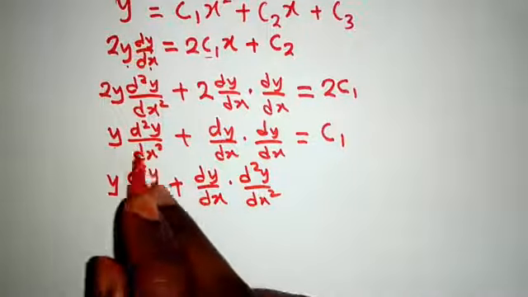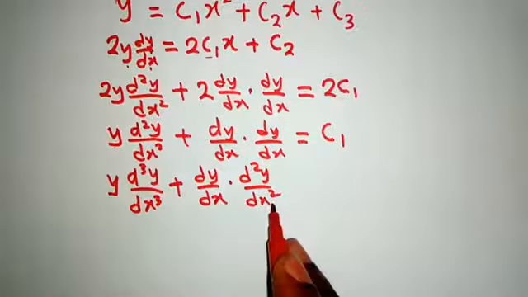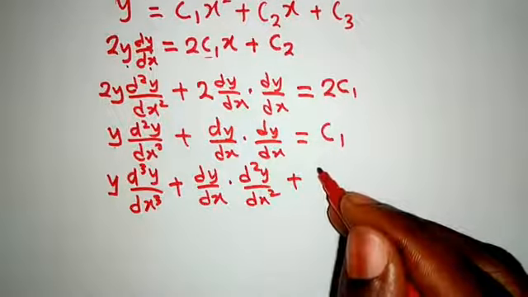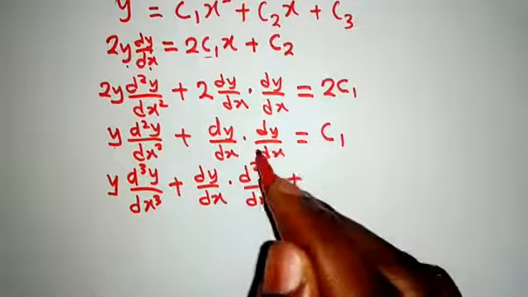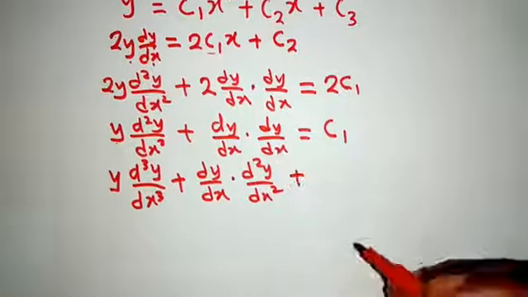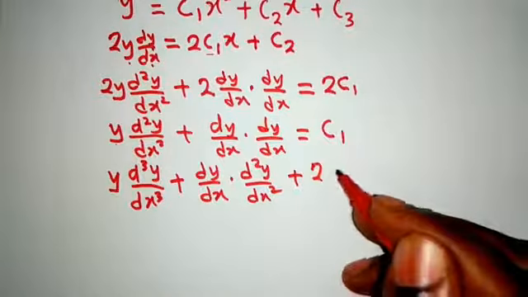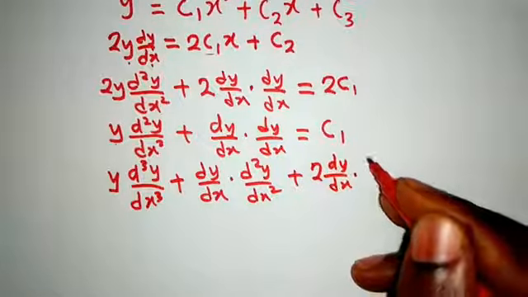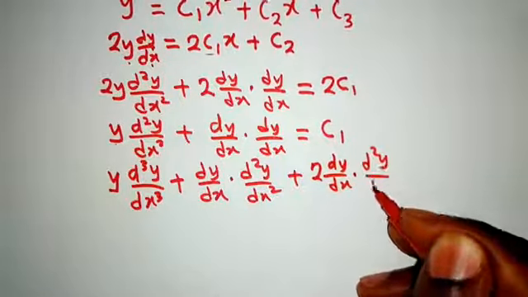So we have applied the product rule to get this. Now plus this term here, and we also differentiate this using the product rule to obtain 2 dy/dx times d squared y/dx squared.